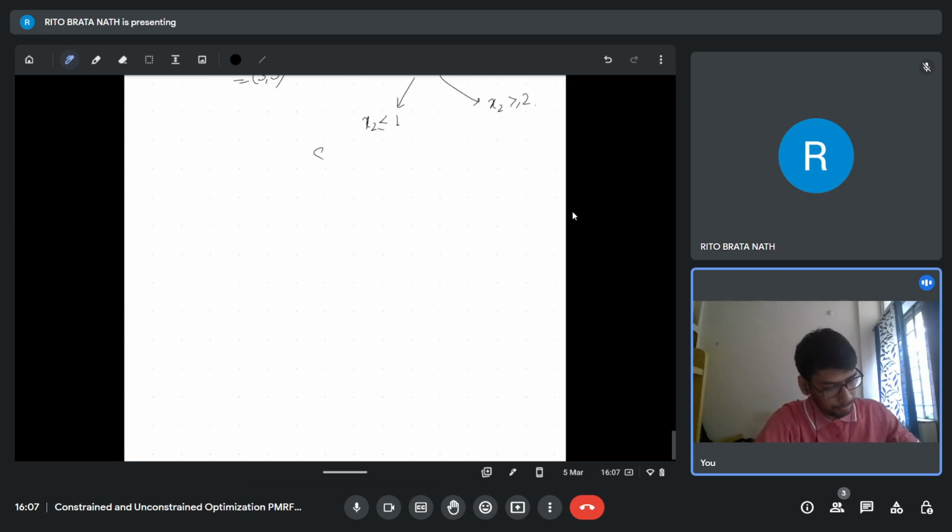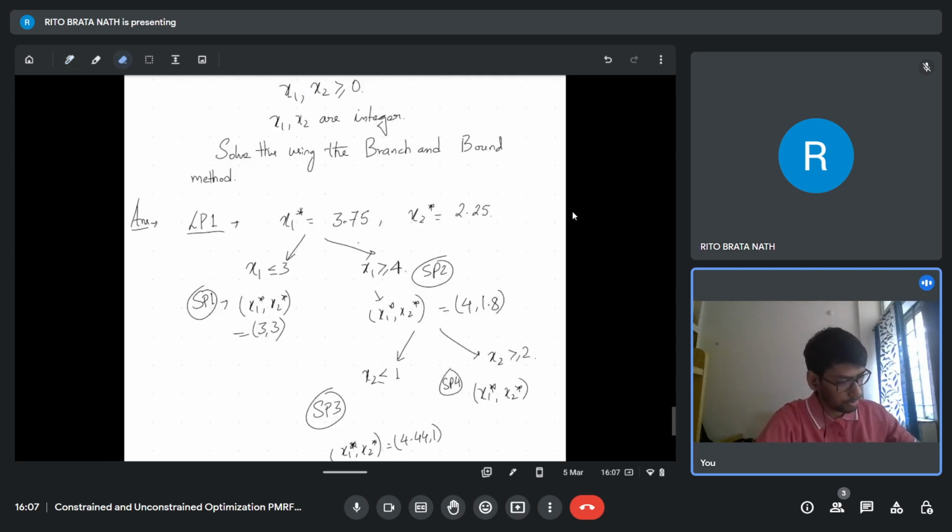For subproblem 3, if you solve using LP, you will get x1 star, x2 star equals 4.44 and 1. And from this one, subproblem 4, if you solve it, this gives no feasible solution.